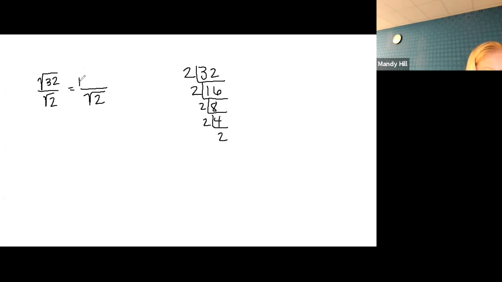So 32 ends up being the square root of 2 listed 5 times. So it looks to me like we have a pair of 2s here, a pair of 2s here. So those get to come out front. But I have one last 2 that's going to stay under the radical.